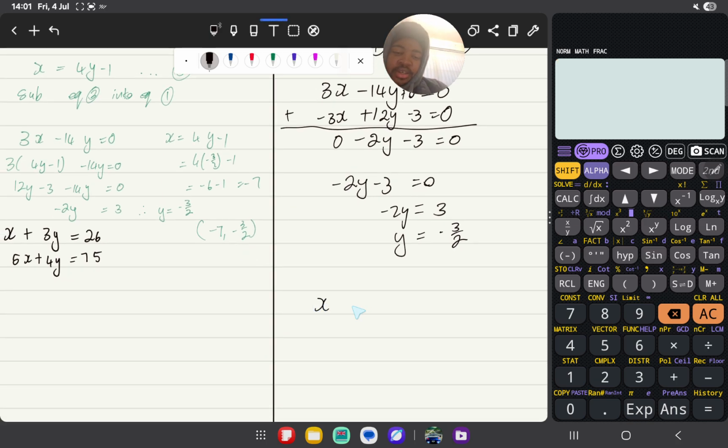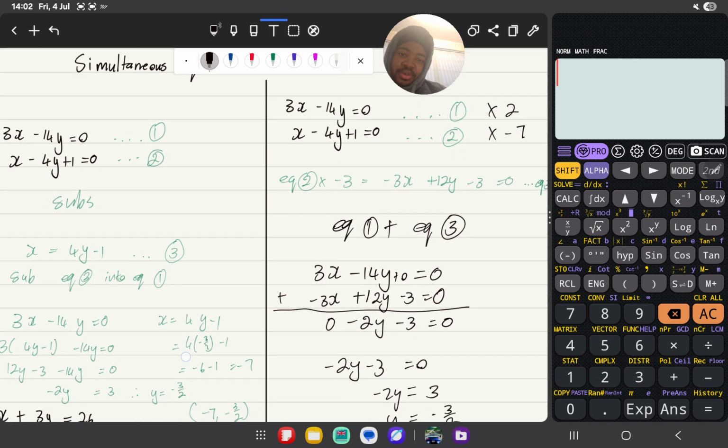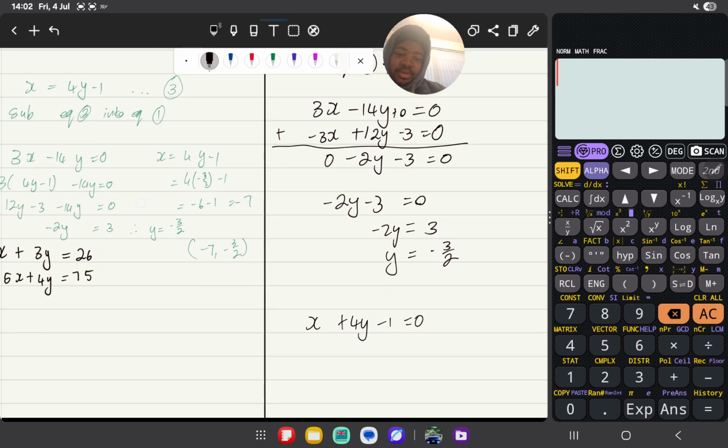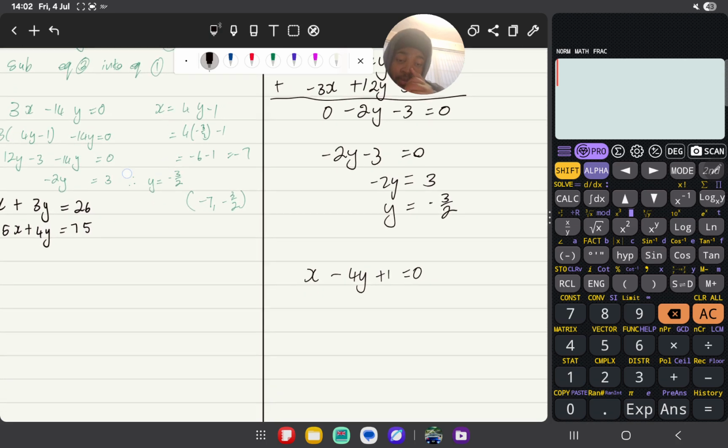And then for x, we can say perhaps x plus 4y minus 1 equals 0. Oh, I swapped the signs. Minus. Yes. Then x equals 4 times minus 3 over 2 minus 1.